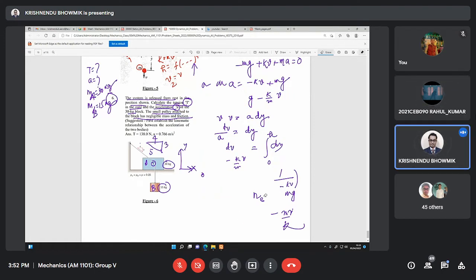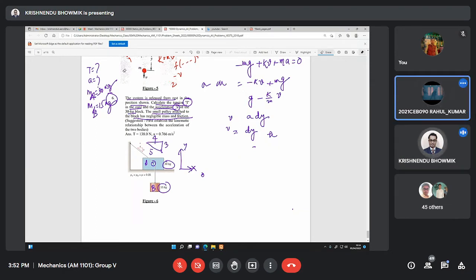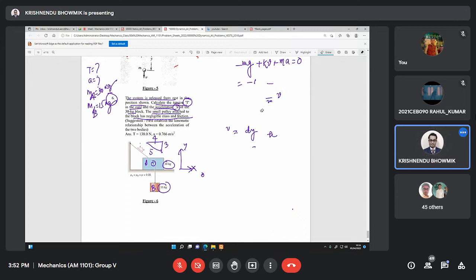If B moves downwards, then A will move in which direction? Towards left. Very good. And then it is following some constraint equations. Good observations you have noticed. So we'll utilize that.